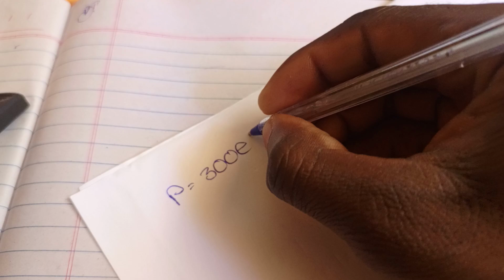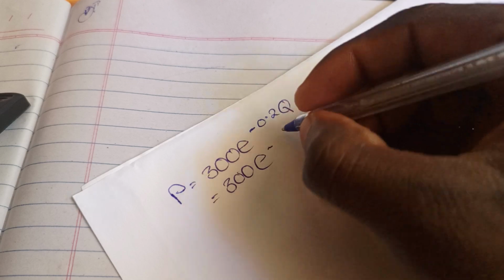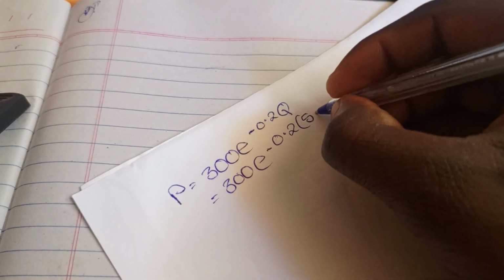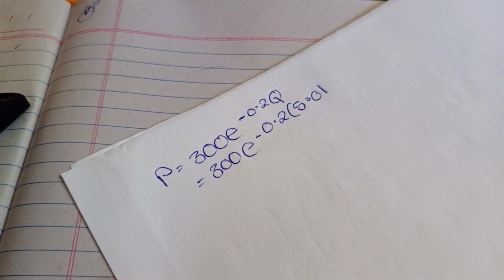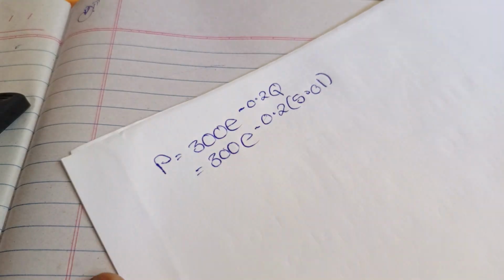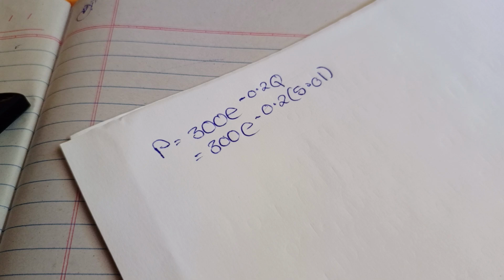So we know the price for the demand function is 300e^(-0.2Q), where your Q is 5.01. Then from here you can just multiply negative 0.2 by 5.01.